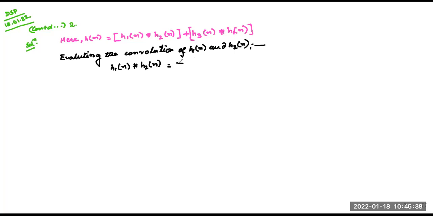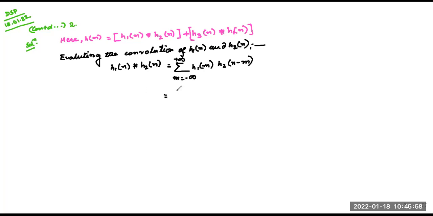That gives you summation of m equals minus infinity to plus infinity h1m into h2n minus m.